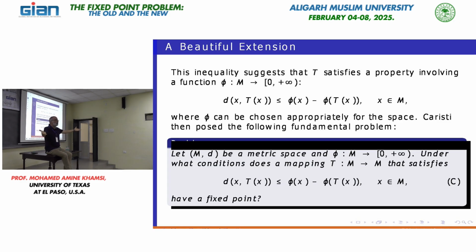Therefore, why does it converge? It converges because, good job. So number one, I need phi to be bounded below. Number two, I need the metric space to be complete. Now, are we assuming some weird assumption? No.